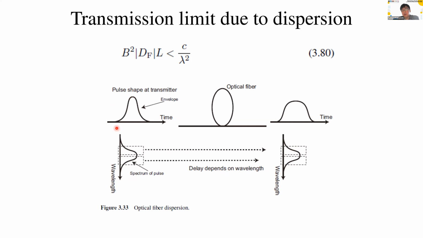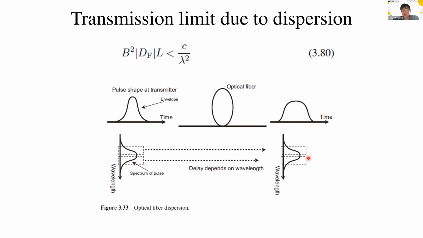If we generate some signal, the signal would have some pulse shape like this. If we look at the pulse in the time domain, it will be like this. And if we look at the signal in the wavelength domain, it has some spectral components, and each spectral component has a different group delay. That's why we try to get the difference of the group delay.